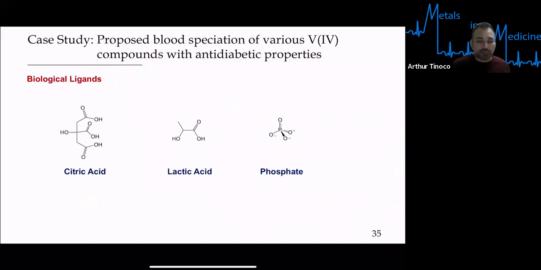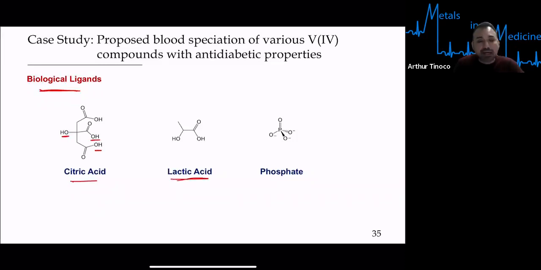You're going to have a number of small molecules that have the capability of being metal ligands. This is just a subset. There are many different ligands that do exist in the environment of blood. So you have citric acid that has the capability of binding metals through the hydroxyl group, through the central carboxylic acid, or even at the end carboxylic acids.